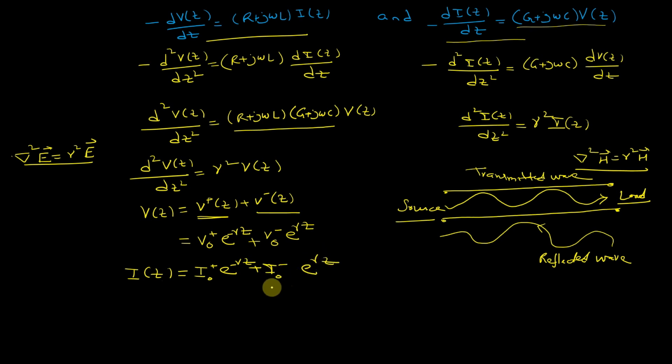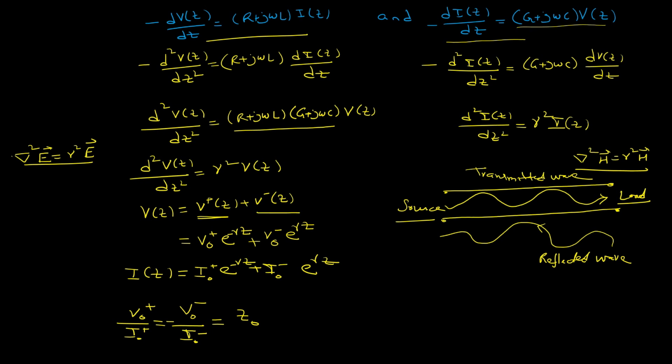And the ratio of V naught plus and I naught plus, and for the reflected term V naught minus and I naught minus with a minus sign, will be equal to the characteristic impedance. Characteristic impedance is the impedance of the transmission line, you can say that. So we are going to find the characteristic impedance of an infinite transmission line.